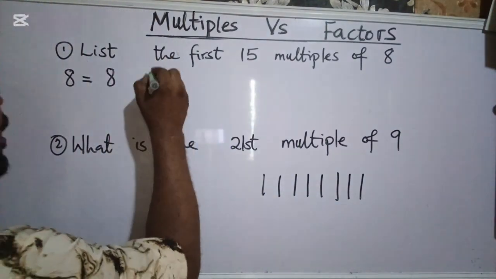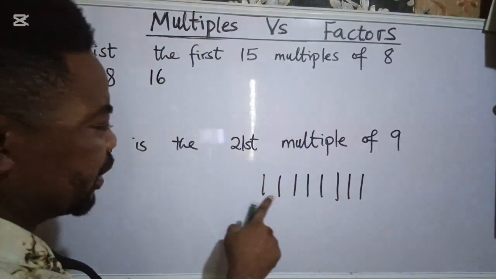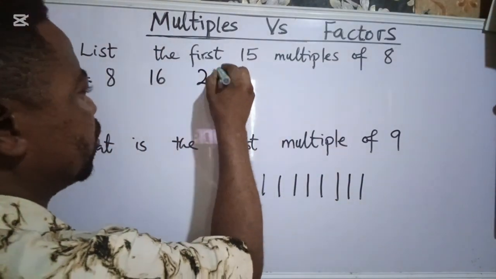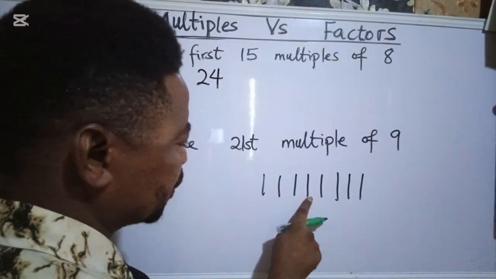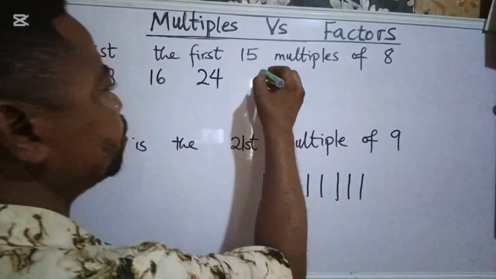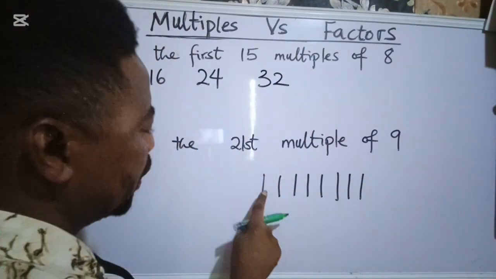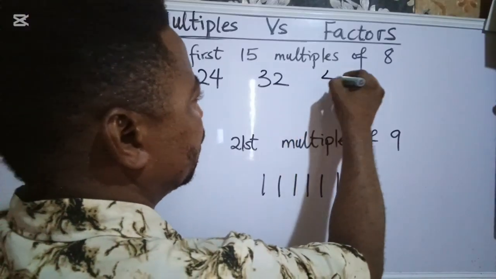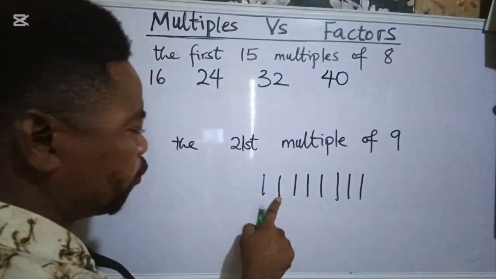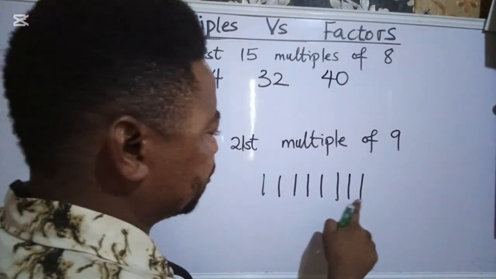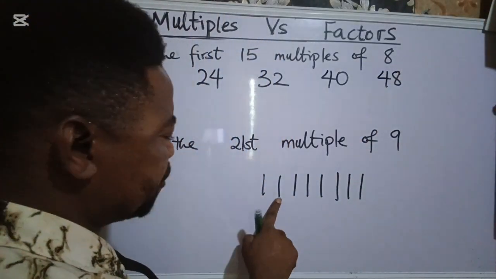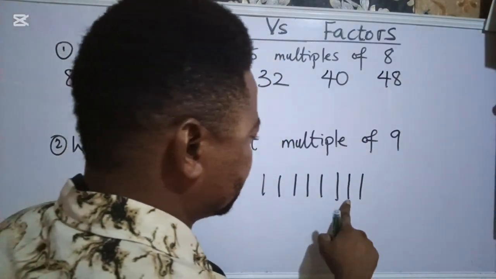So the next number is 16. 17 18 19 20 21 22 23 24, 25 26 27 28 29 30 31 32, 33 34 35 36 37 38 39 40, 41 42 43 44 45 46 47 48, 49 50 51 52 53 54 55 56.